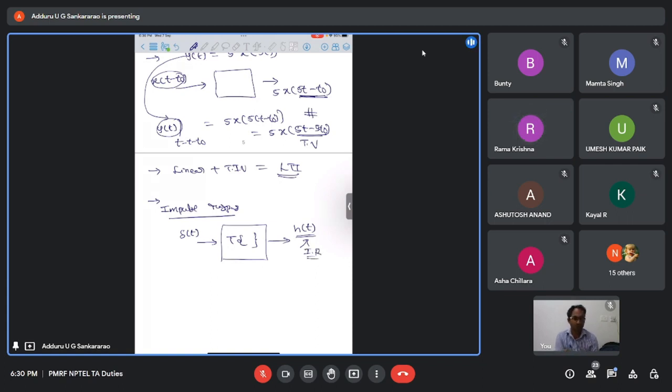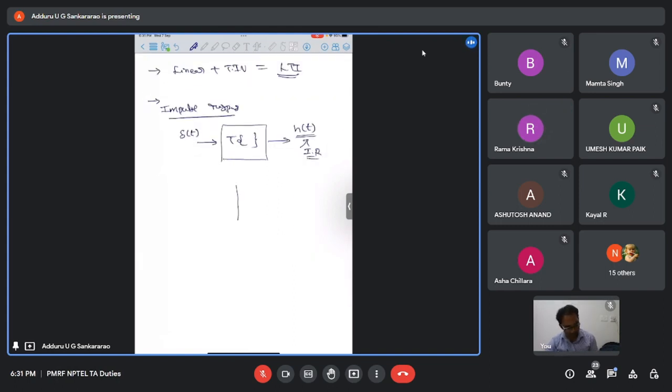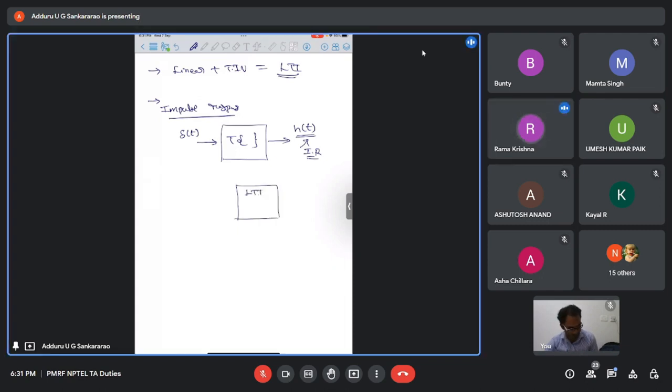Now this impulse response completely explains the behavior of any LTI system. Any LTI system we will represent with its impulse response.